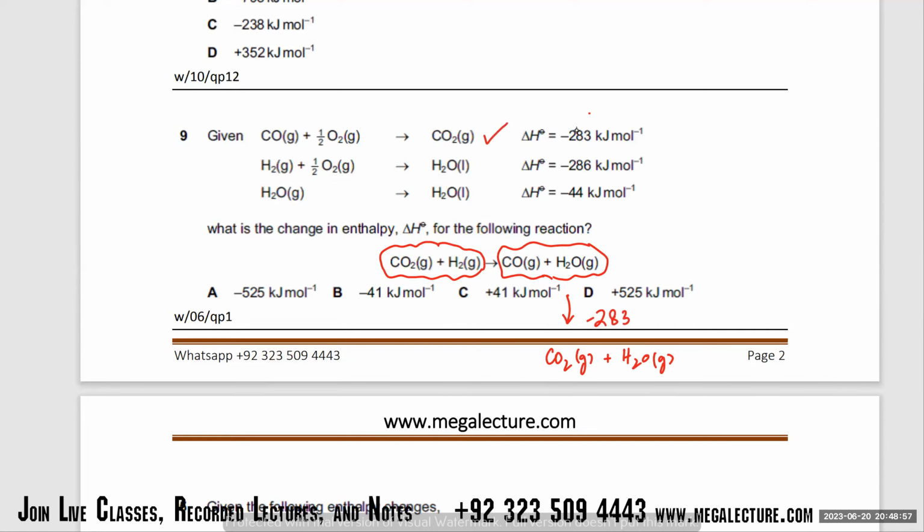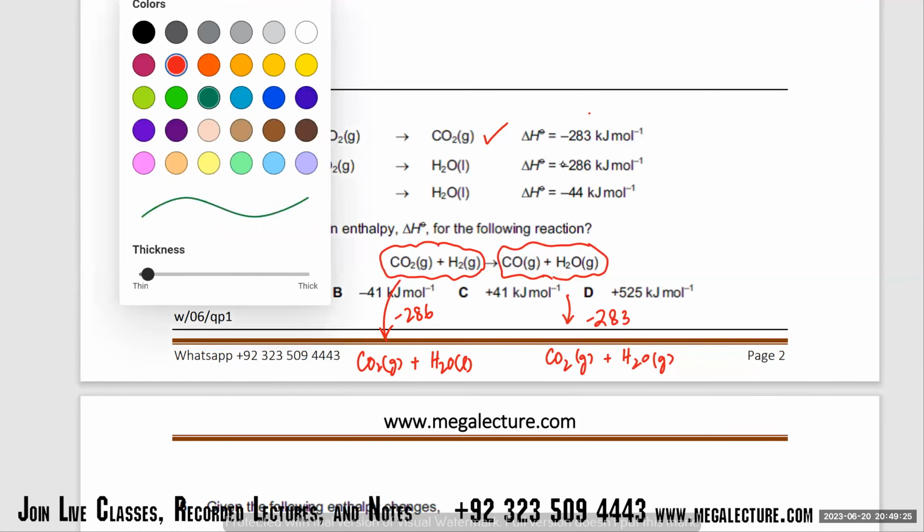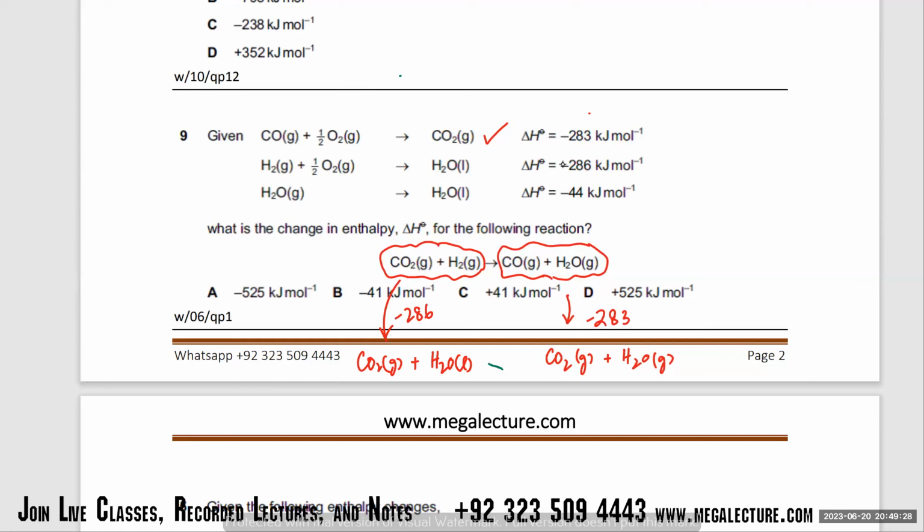Second one, H2 can be turned into H2O liquid. So let's do that. I see H2 over here, so I'm just going to do exactly that. Carbon dioxide, I'm not going to touch. H2, I'm going to turn into H2O liquid. So that's minus 286. The other part is that there's a final step missing, which is this arrow.